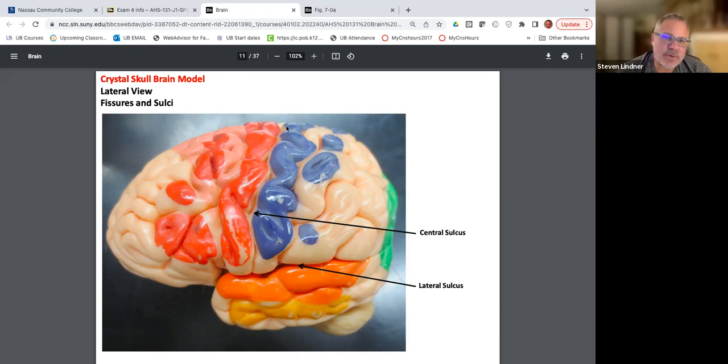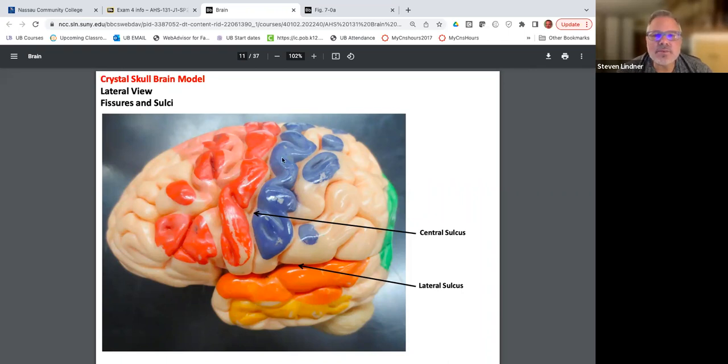Between the precentral and the postcentral is the central sulcus. So hopefully it makes a little bit of sense as to how it got its name. There's a precentral gyrus, there's a postcentral gyrus, and then right in between is the central sulcus.